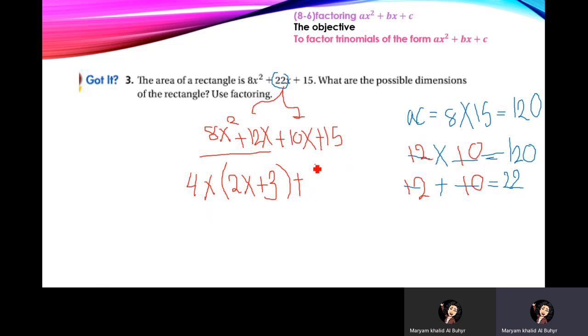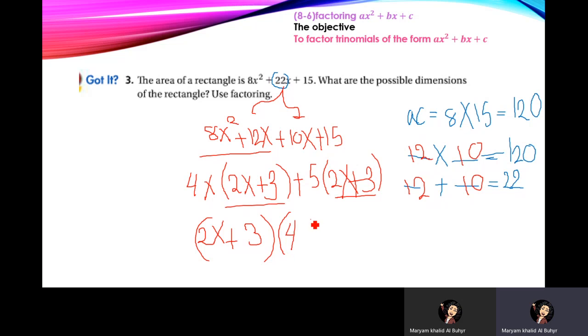Plus, if you take 5 outside here, the remaining inside is 2x plus 3. Great, I have this one exactly the same as this one. So 2x plus 3 times 4x plus 5.